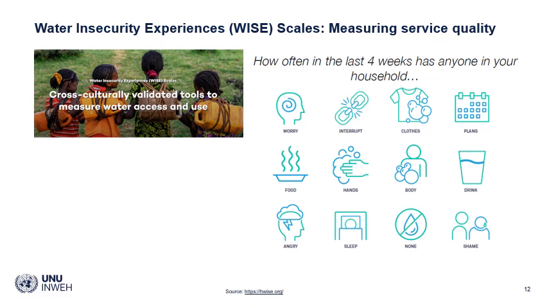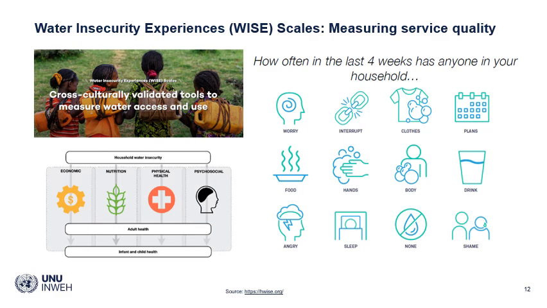Implemented in 50 countries by over 100 organizations and simple to administer at 1 to 3 minutes per surveyee, the findings from the household-level survey have significantly shown how water insecurity impacts economic resources and nutrition, including both physical and psychosocial health of adults and children.